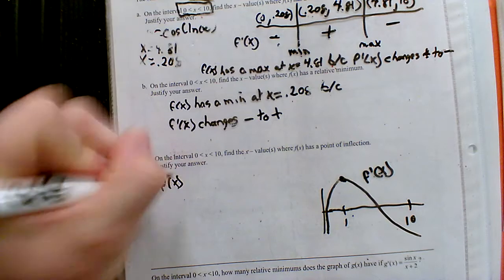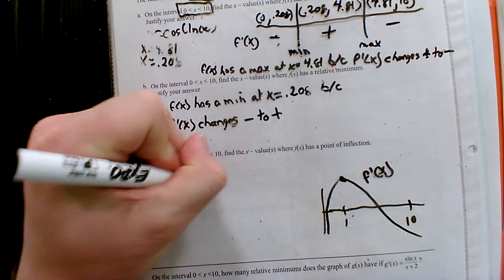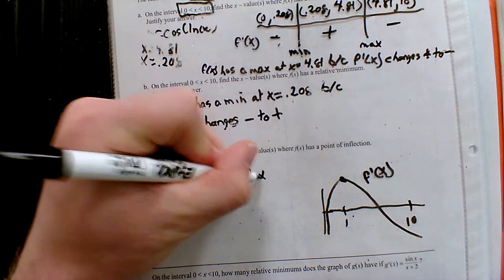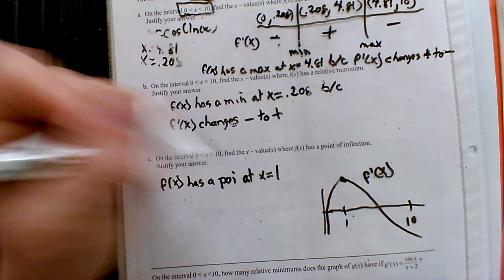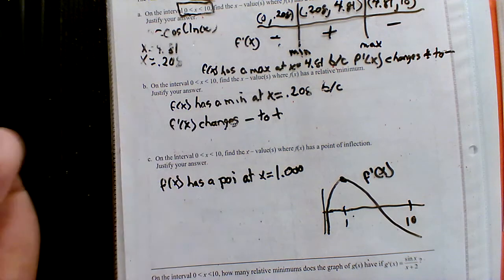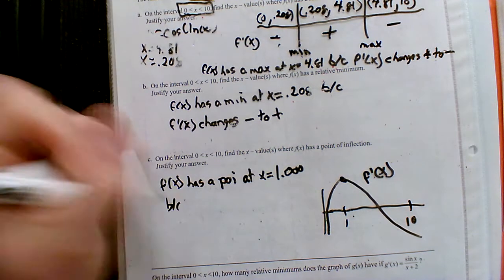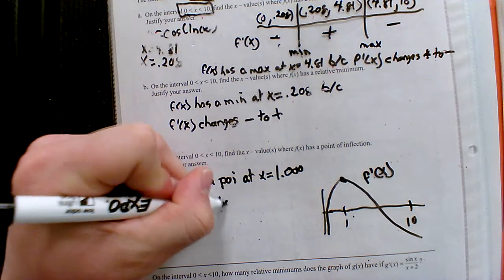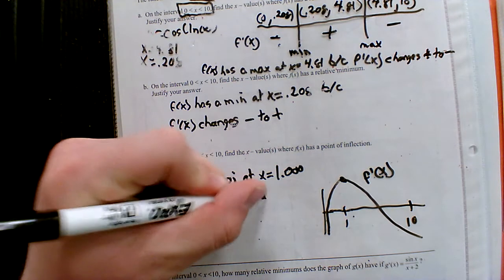So f of x has a point of inflection, POI, point of inflection, at x equals 1. You can say 1.000, but 1. Because f prime of x has a max.